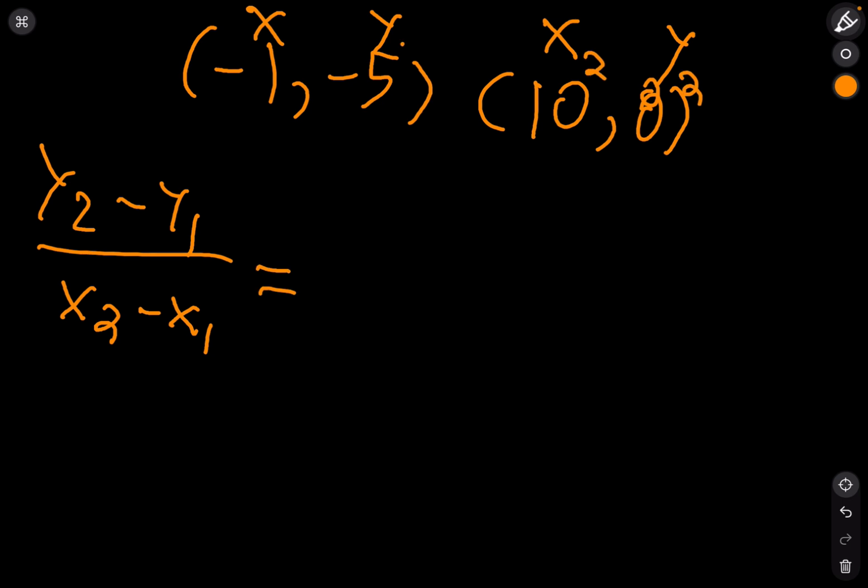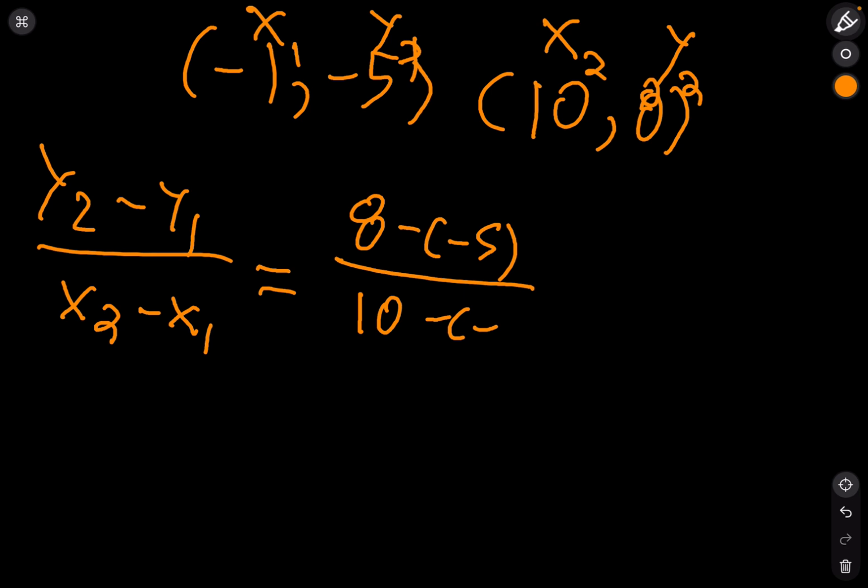As you can see, we have the coordinates of -1, 5, and then the coordinates of 10, 8. So obviously 8 minus -5 over 10 minus -1.